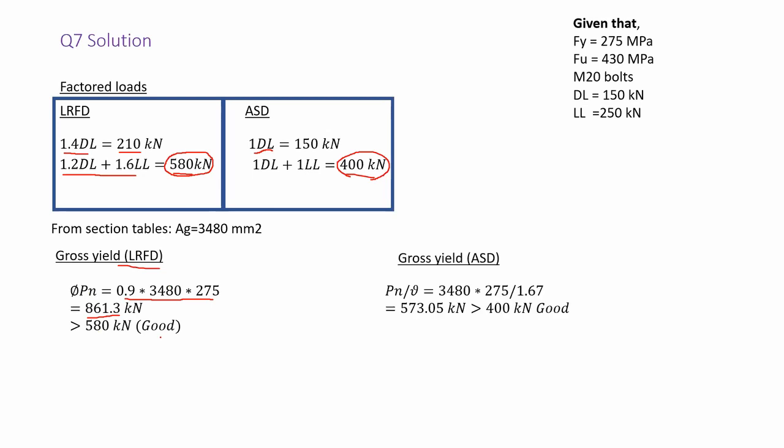If we check for the ASD case, this time you multiply the gross area by Fy and divide by 1.67 and compare the capacity of this member to the load combination in ASD. It appears that the capacity is bigger than the load combination, which is good. So the gross yield is fine.